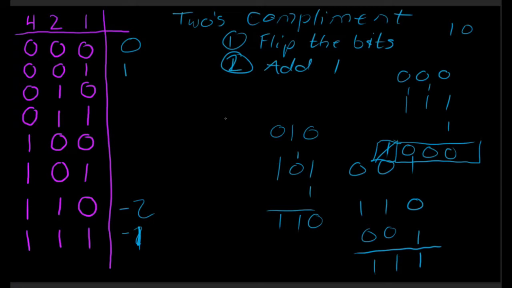Do the same thing with 3. Here's our 3, so we go 0, 1, 1. We invert it, flip the bits, and add 1. So here we get 1, 0, and 1. So this is -3. Now you'll notice one thing: because we don't have two zeros, we actually have an extra value.